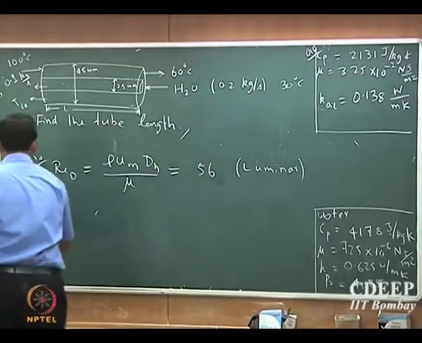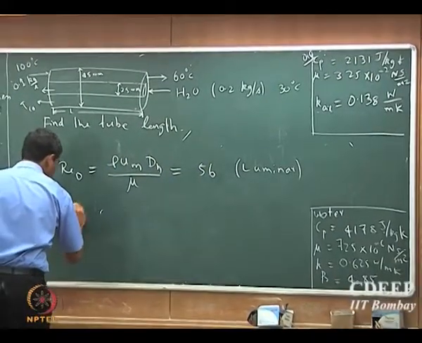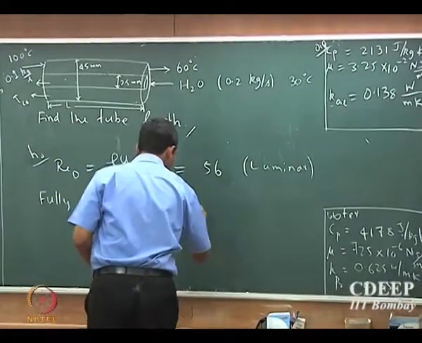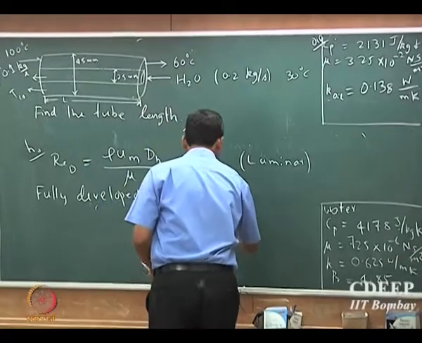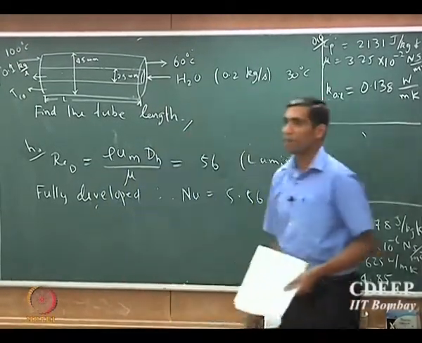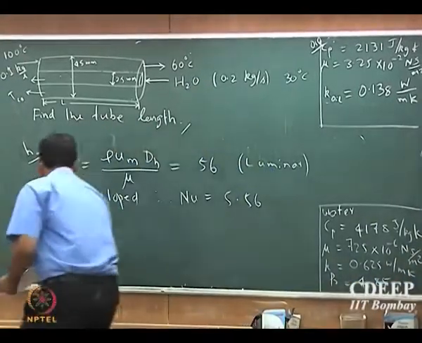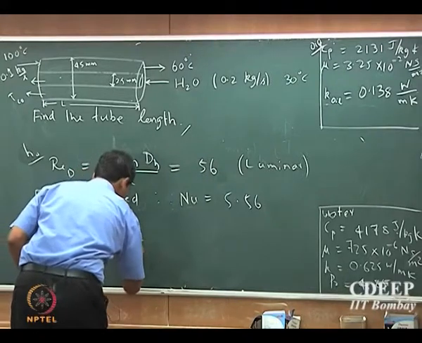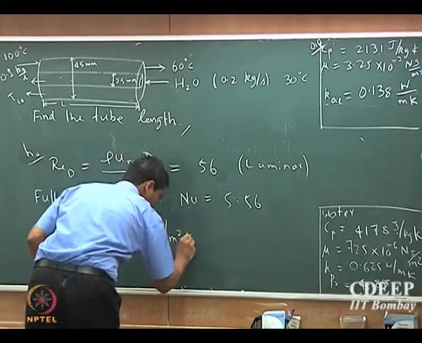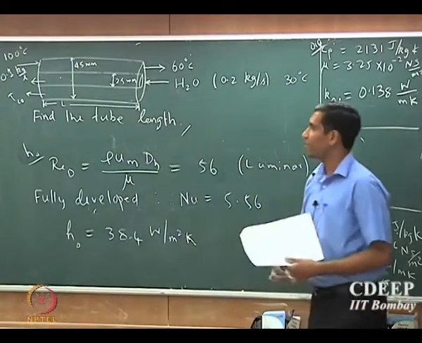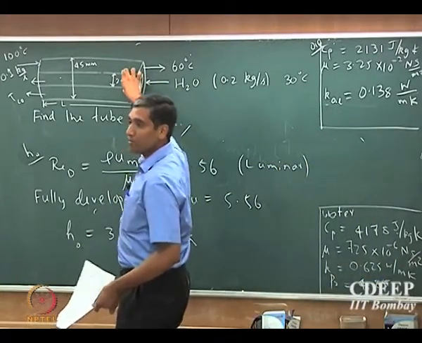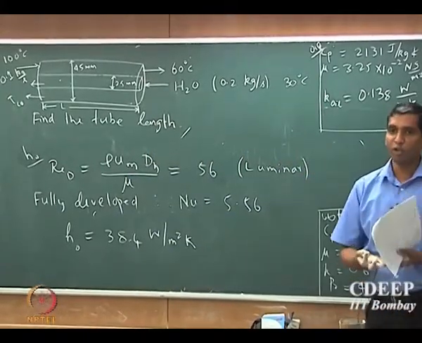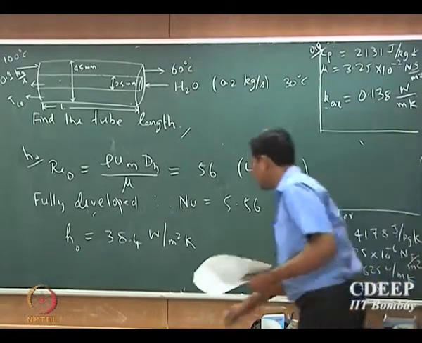If you assume laminar flow and fully developed conditions, the Nusselt number is constant, about 5.56 for that system, and from here we find that Ho is 38.4 watt per meter square Kelvin. That is the heat transport coefficient for the exterior of this tube. So now we know U, delta T LMTD and Q, and we can easily plug them into the expression.